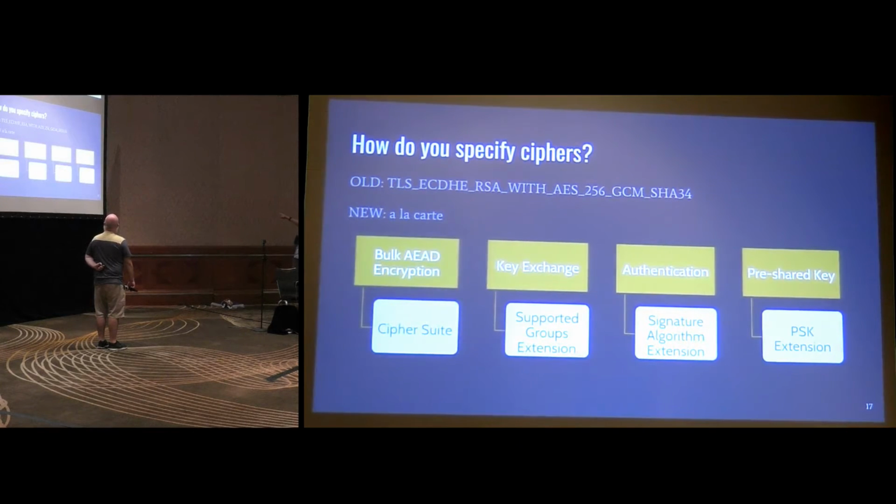But actually that's the hard part too, right? Because SHA-384 is not the integrity algorithm like you might expect with an AEAD algorithm; it actually represents the hash used in the key derivation. But the exciting thing about TLS 1.3 is that we've gone away from this monolithic cipher suite string to more of an a la carte specification, where the traditional cipher suite field is now used just for the bulk encryption algorithms, for encryption and authentication or integrity protection on each packet.